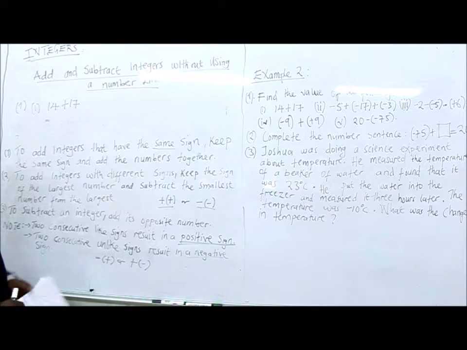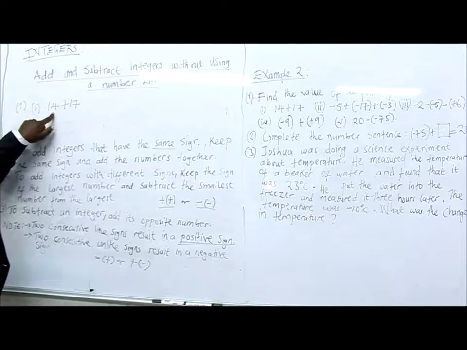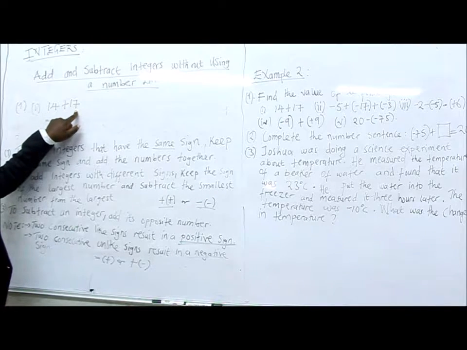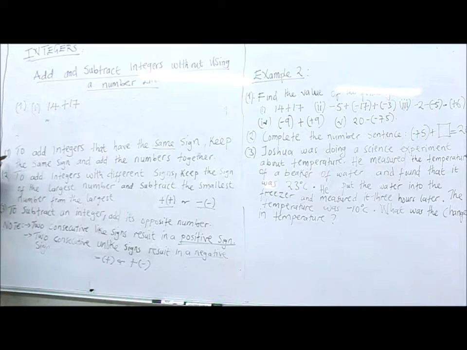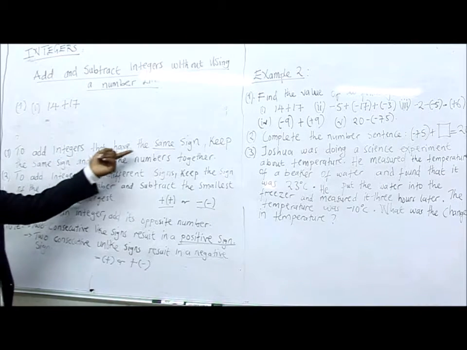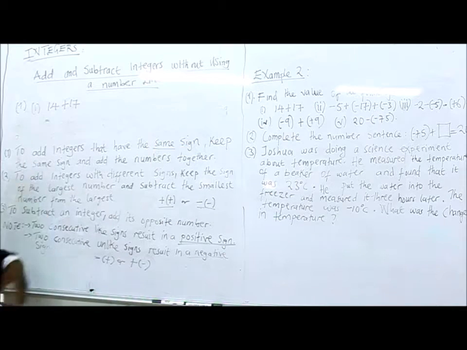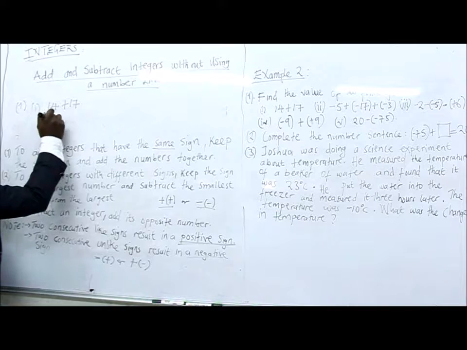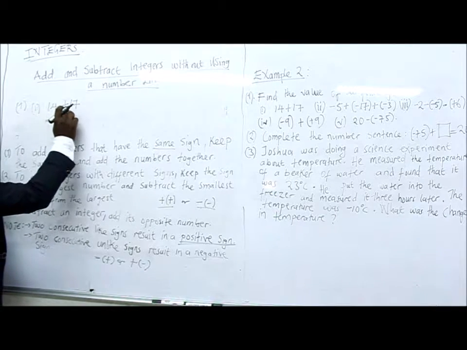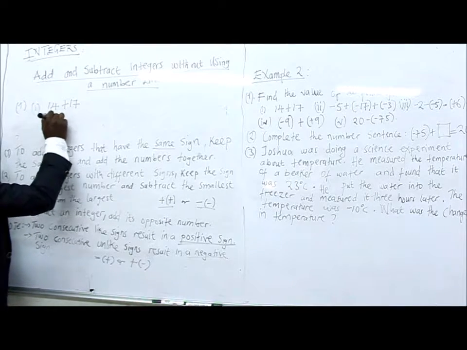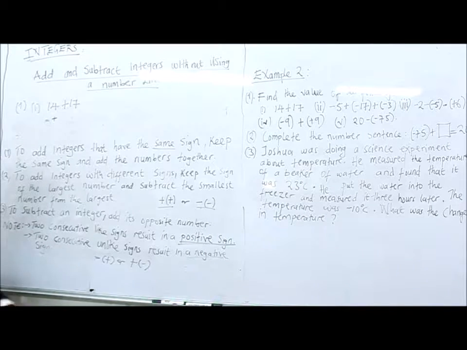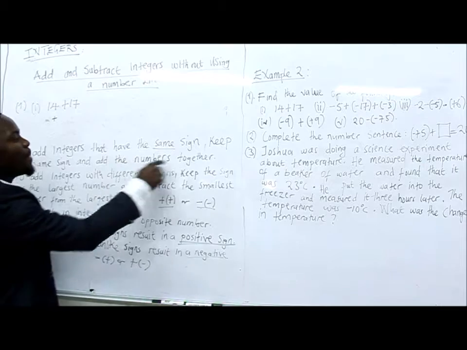As you can see, 14 is a positive number and 17 is a positive number too. So according to rule 1, to add integers that have the same sign, keep the sign. So we have kept a positive sign here. And then after you keep the same sign, add the numbers together.